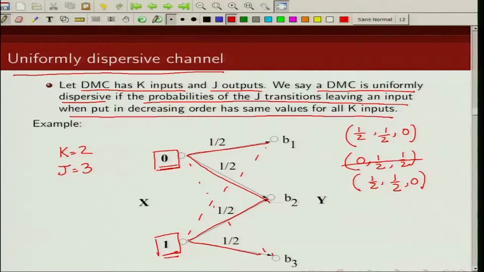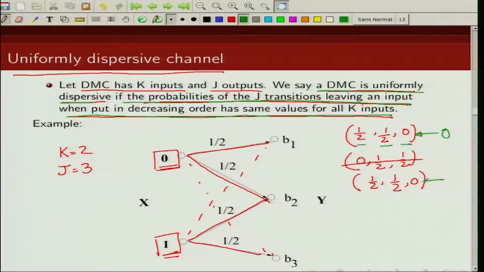Now what does the definition say for a uniformly dispersive channel? It says that a discrete memoryless channel is uniformly dispersive if the probabilities of the j transitions leaving an input, when put in descending order, have the same values for all the k inputs. When I put the j transitions corresponding to input 0 in descending order, this is what I got: half, half, 0.